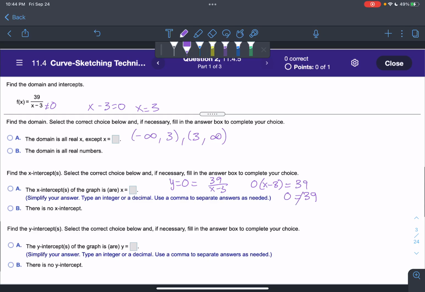We can kind of tell just because our numerator is positive, so there is no way for it to be 0. So that's why this one does not have an x-intercept. And y-intercepts are when my x is equal to 0. So I want to find y when I plug in 0 for x, and I get negative 13 for my y-intercept.